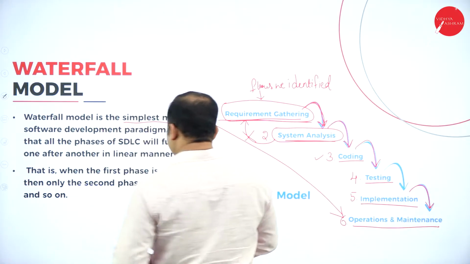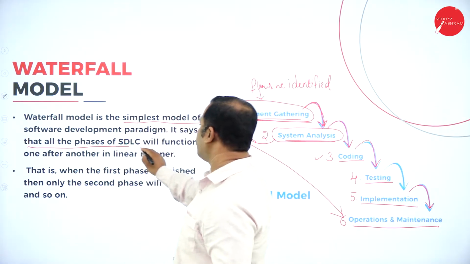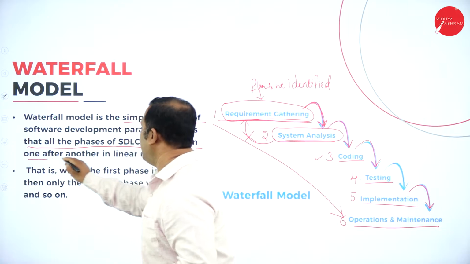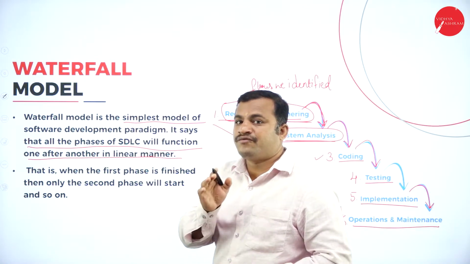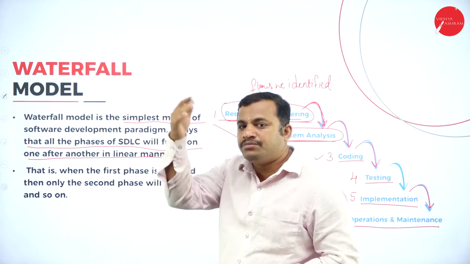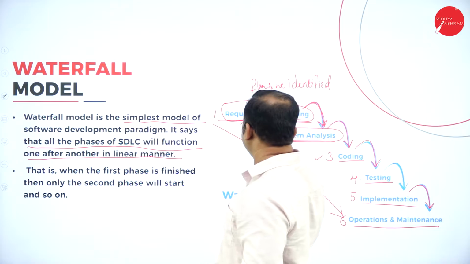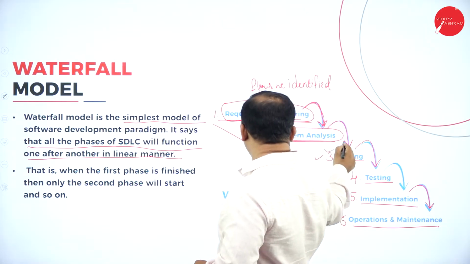Similarly, all the phases of the SDLC will function one after the other in a linear manner. Once the first phase of a waterfall model is completed, we move to the second phase. Once the second phase is completed, we move to the third phase.